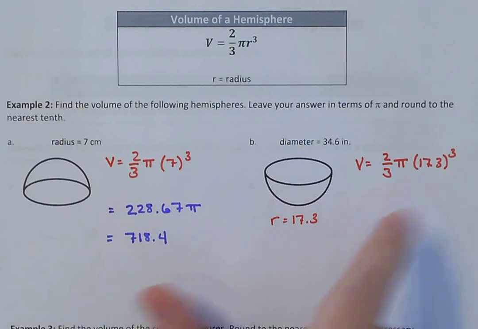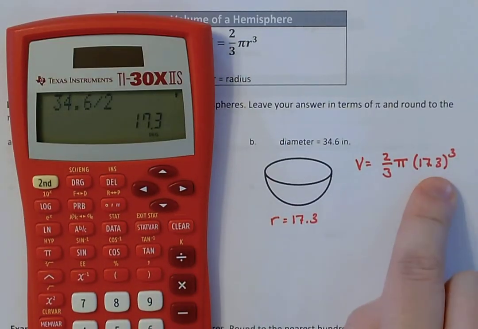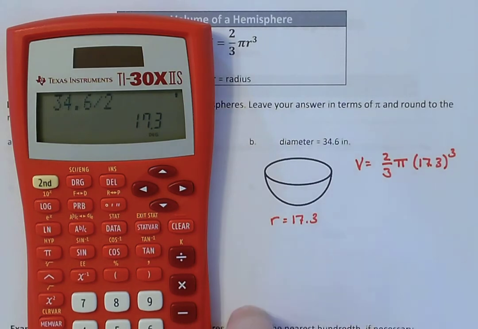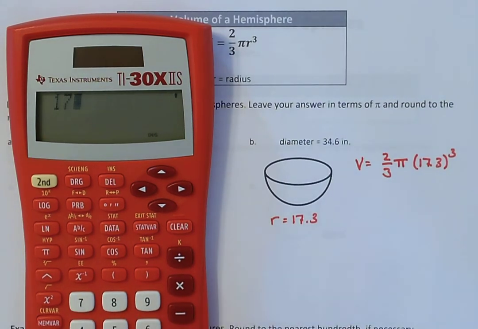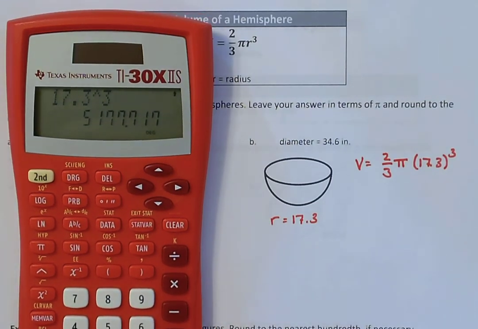For part B, just to run through it on the calculator, we're going to do 17.3 to the power of 3. And we end up with 5,177.7. We're going to times it by 2/3. So that's going to give us our answer in terms of pi.